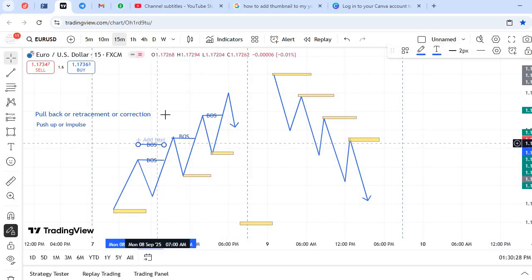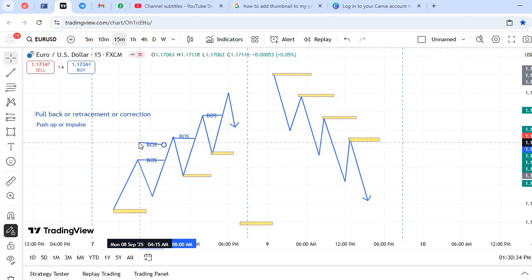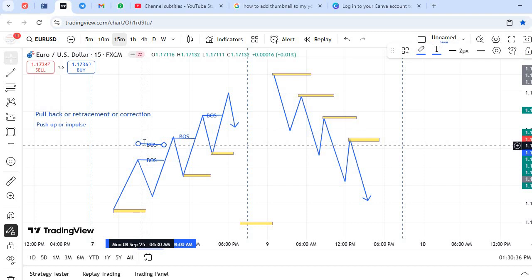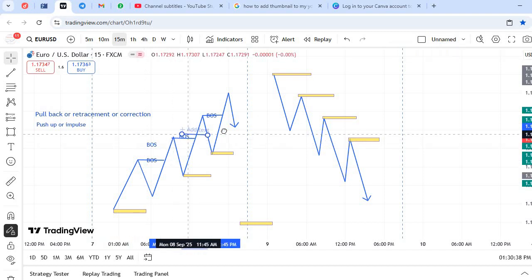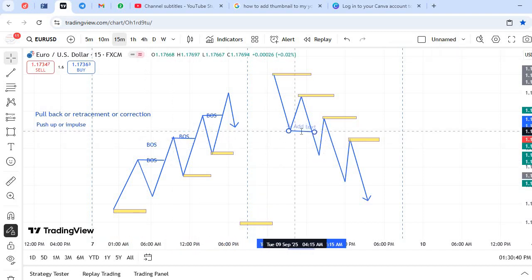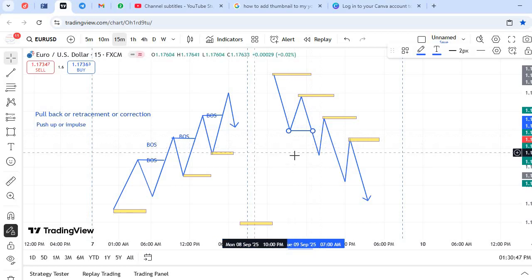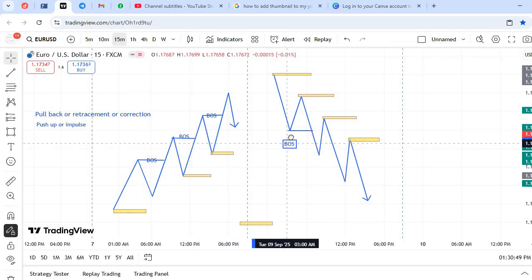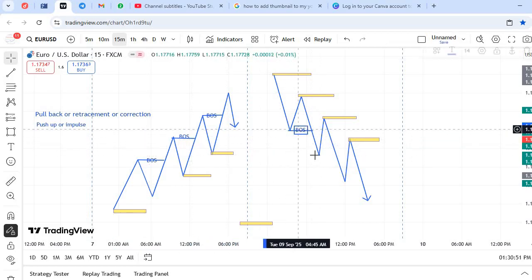So for you to really make use of the Fibonacci retracement tool, you must understand market structure. I think I'm going to be doing a video on that. So you must really understand market structure too. Can you see, this is a break of structure.